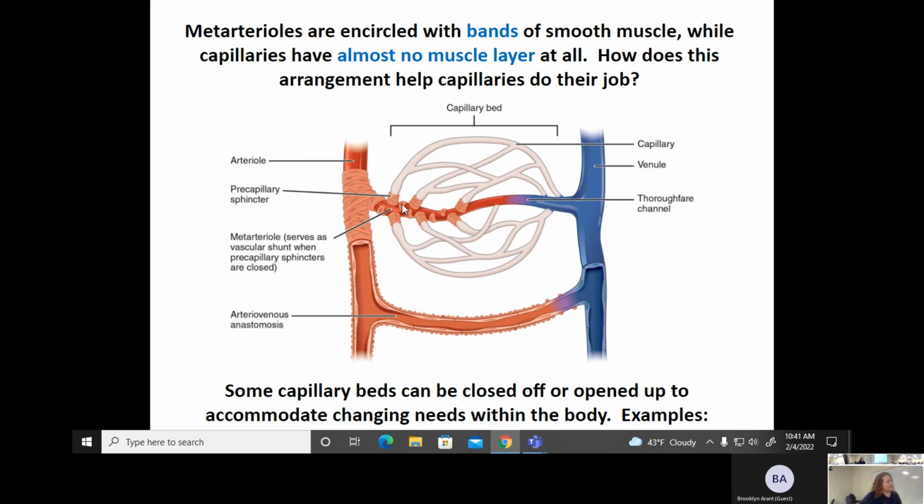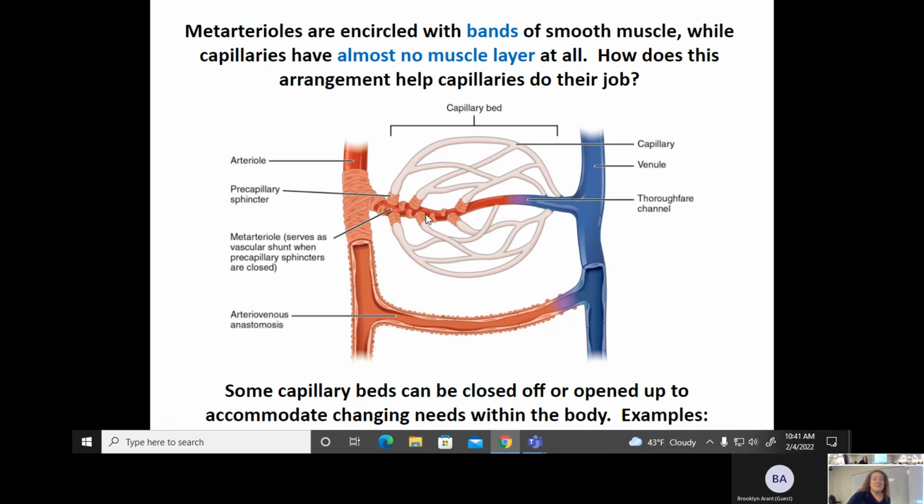See how here there are these little muscle bands wrapping around the capillaries, and they can open this up by relaxing, or they can close this off by squeezing narrower. It says here, the metarteriole serves as a vascular shunt when the precapillary sphincters are closed. That's a great sentence for you. Go impress your friends after this and say, did you know that metarterioles serve as a vascular shunt when precapillary sphincters are closed? Here's what this means.